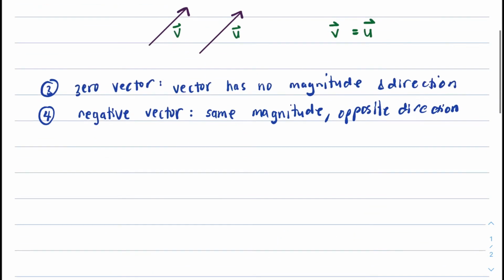For example, this is vector V. Now the opposite direction is this. It has the same length but different direction. This is negative V. Or if this one is named as U, then vector U is vector negative V.